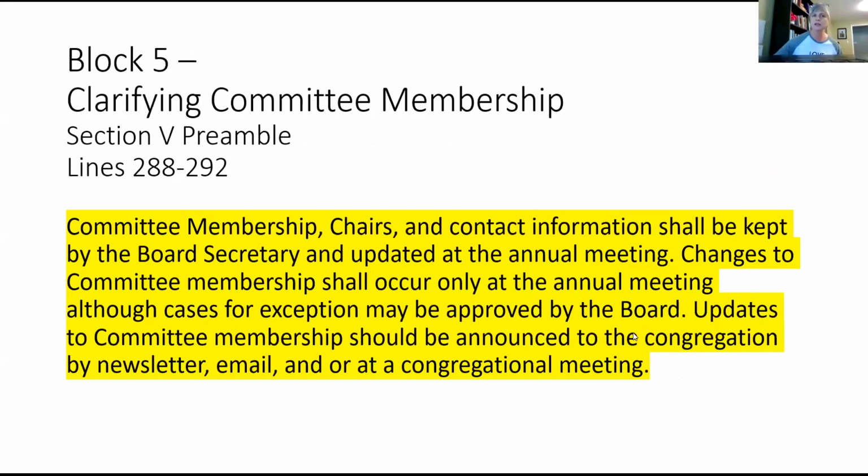So the intention was not to restrict. There are other committees like the building and grounds that are pretty much open membership. And so I don't think that this would restrict open membership like that. And I suspect that that's what it says, though. It says changes to committee membership shall only occur at annual meetings.